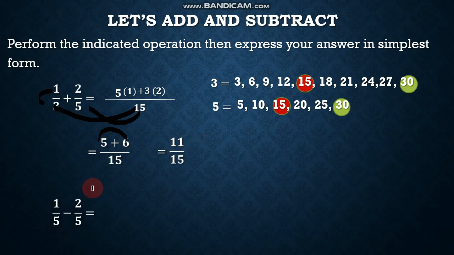Let's have this: 1 over 5 minus 2 over 5. Since these two fractions have similar denominators, we will just copy 5 and then subtract the numerators. 1 minus 2 is equal to -1, and the final answer is -1 over 5.